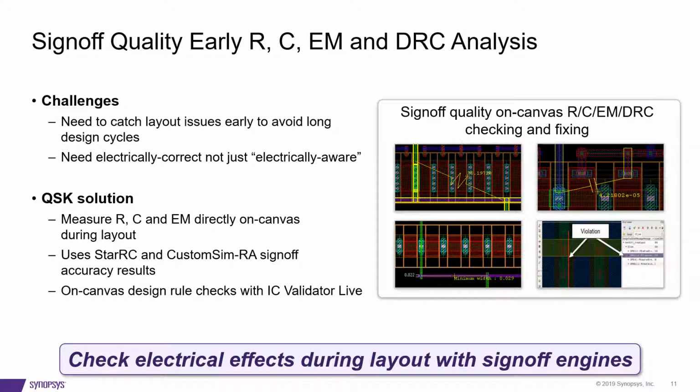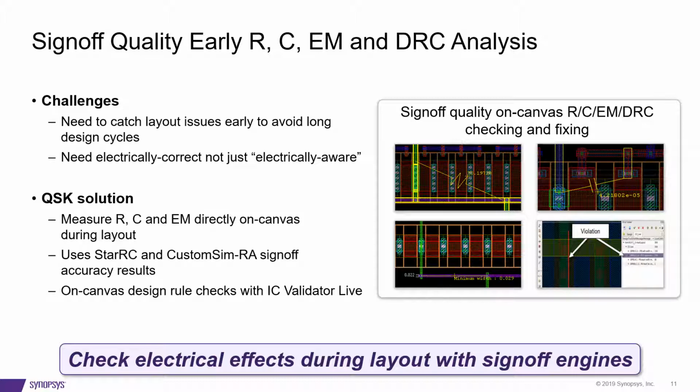Checking for electromigration, resistance, and capacitance after the layout is complete leads to long iterations and often redesigning the entire block. We need electrically correct, not just electrically aware engines to catch these issues early on in the design cycle.